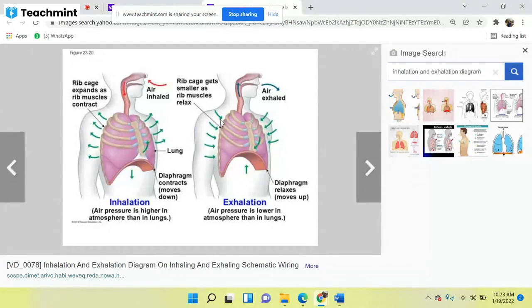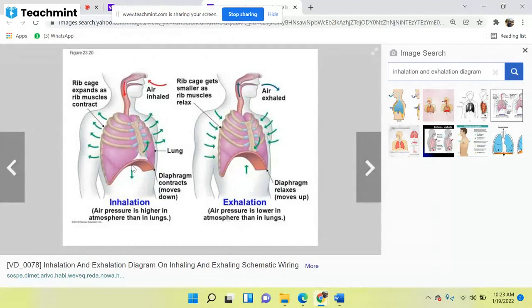Then a pressure will be created within the thoracic cage, and due to this positive pressure, whatever air we have drawn into our lungs will be pushed out, and this is called exhalation.